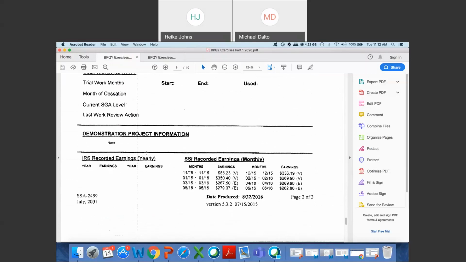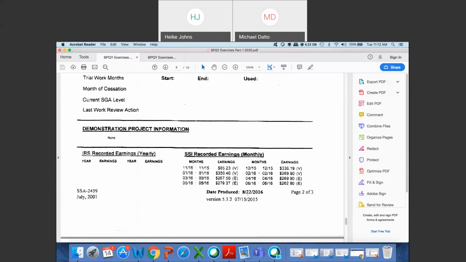Okay, why are there no IRS recorded earnings? Probably because the IRS hasn't reported them yet. You'll see that these earnings started in late 2015. The report was pulled in August of 2016. At that point, maybe the 2015 earnings had not yet been reported by the IRS to Social Security, so they didn't show up on the earnings record.